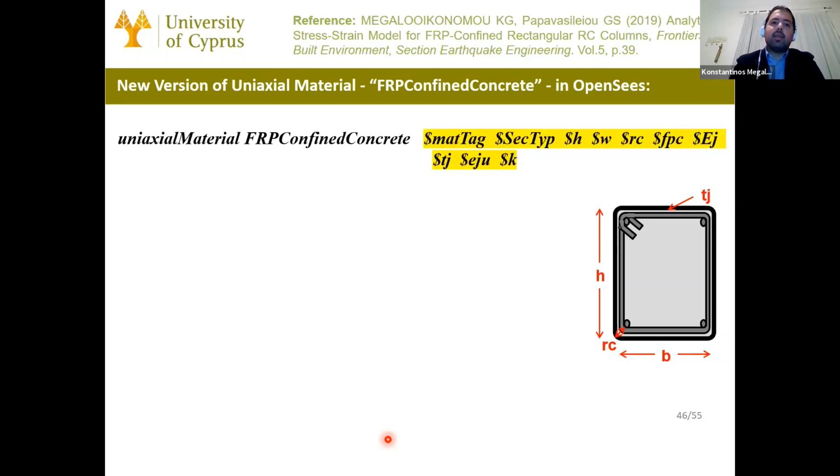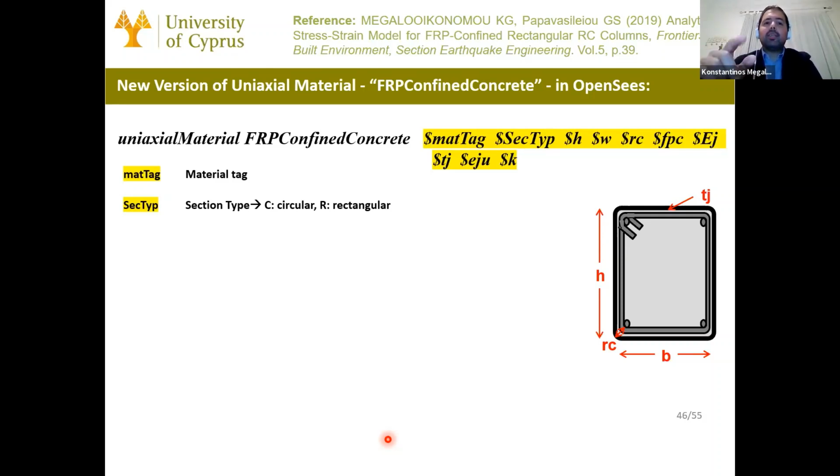The difference with the version already implemented is that there is a section type parameter in the command, where when it's circular, the letter C, then it goes back to the old version, and when it's R, you can model rectangular sections.